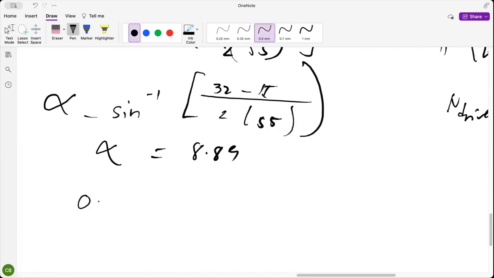So you have theta equals to 180 minus 2 times the alpha that you have already got.